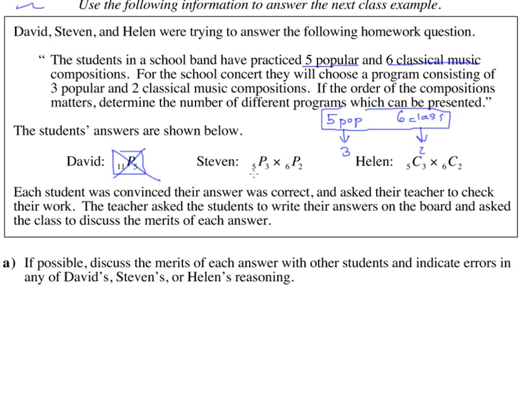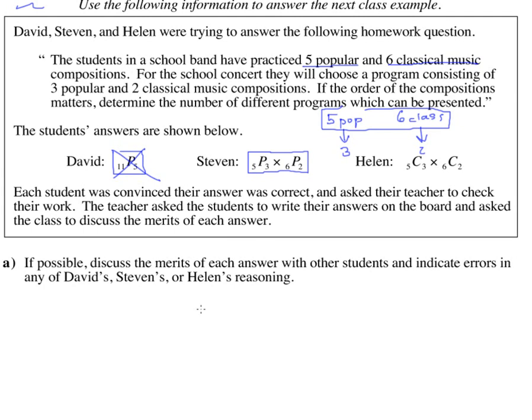Stephen said we've got 5 pop songs, and we're going to play 3 of them. Also, we have 6 classical songs, and we're going to play 2 of them. That's good so far.